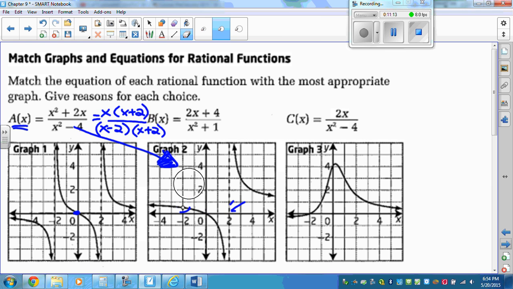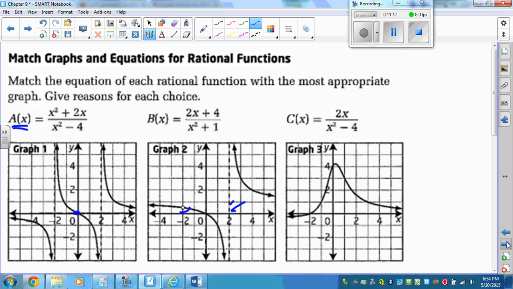Now let's look at the next one. We have 2x plus 4 over x squared plus 1. The only thing I could factor out here is a 2. Then I would have x plus 2 over x squared plus 1. Okay, if it's found only in the top, it is a 0. So we have a 0 at negative 2.